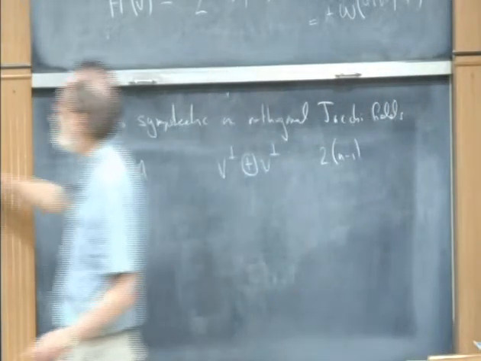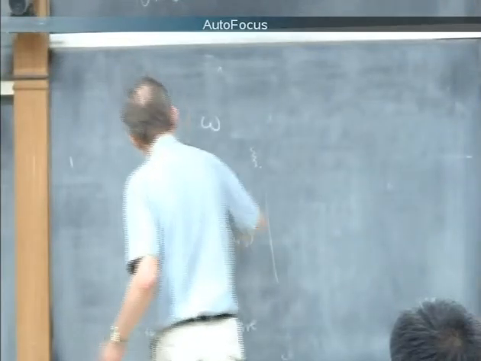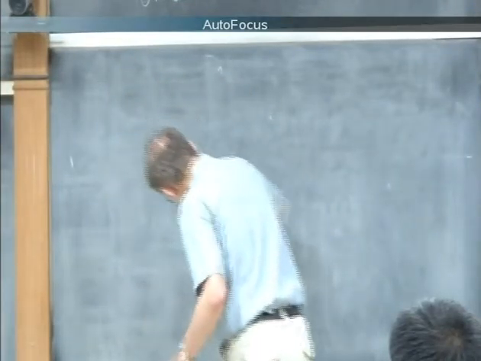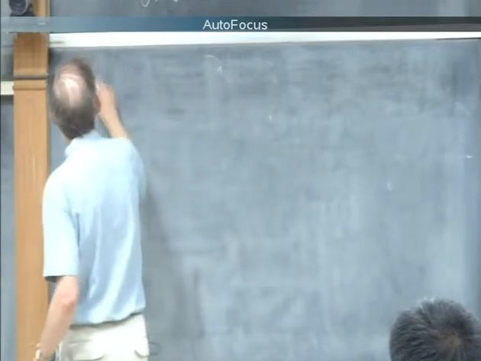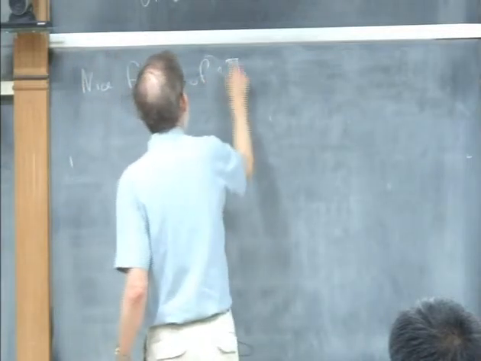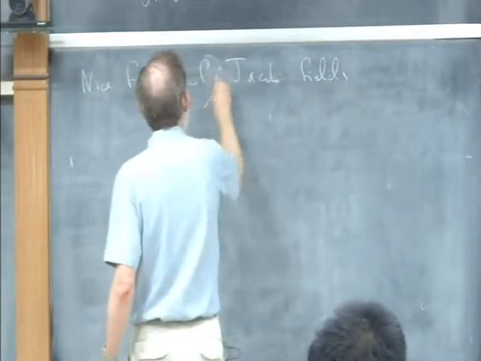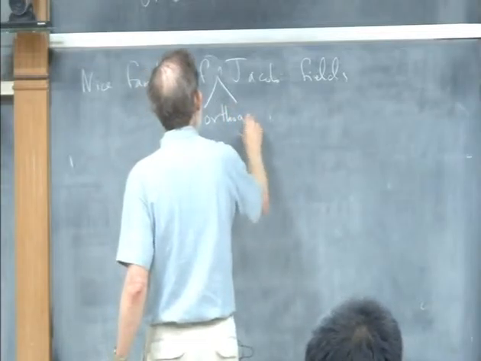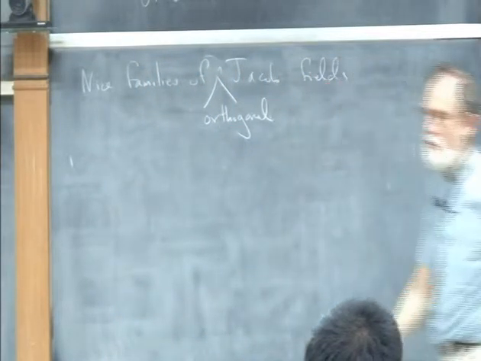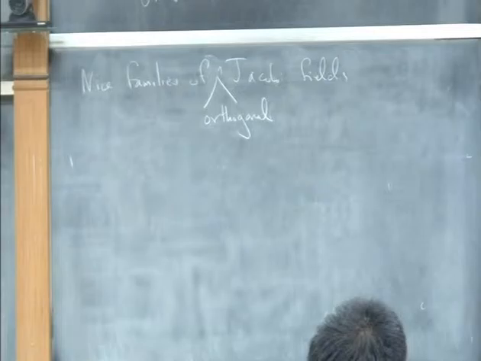I want to say some things about nice families of Jacobi fields. And I'm only interested in orthogonal Jacobi fields. So pretty much Jacobi field means orthogonal Jacobi field.